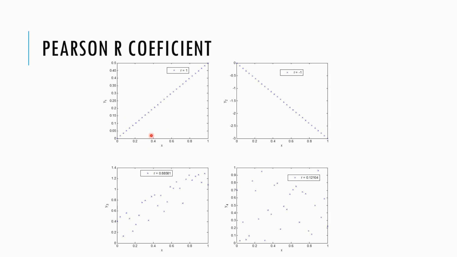So if we have a perfect correlation, that the mark in one course correlates perfectly with the mark in another course, then we would get an R coefficient value of 1. If we perform negatively, if doing well on one course meant you did inversely well on the other course, you'll get an R coefficient of -1.